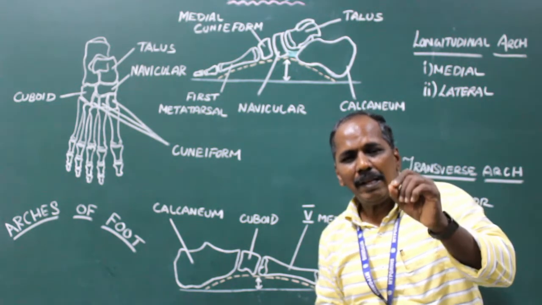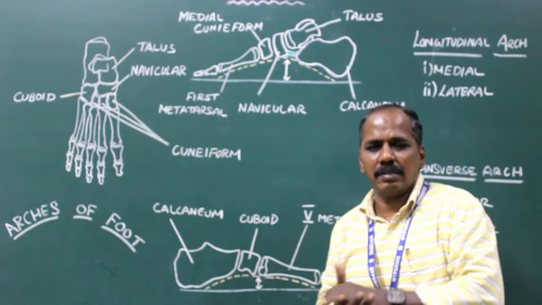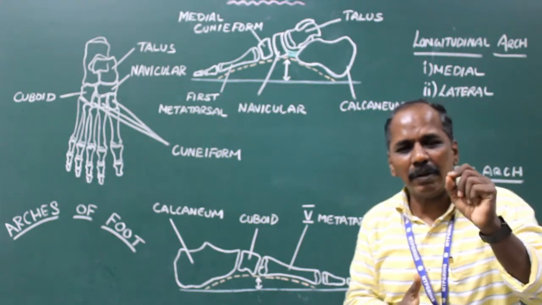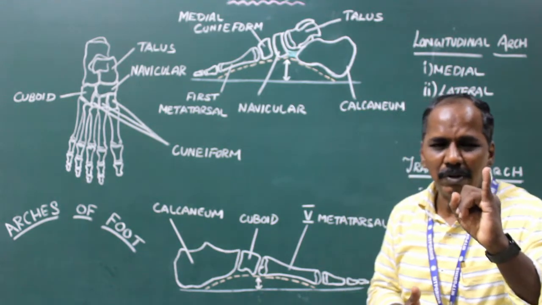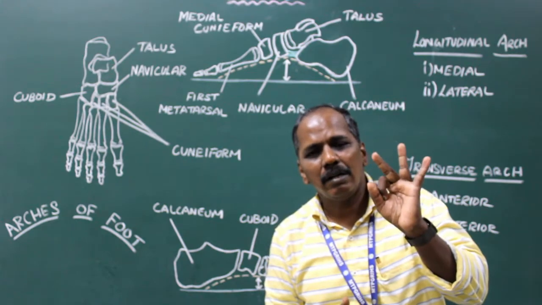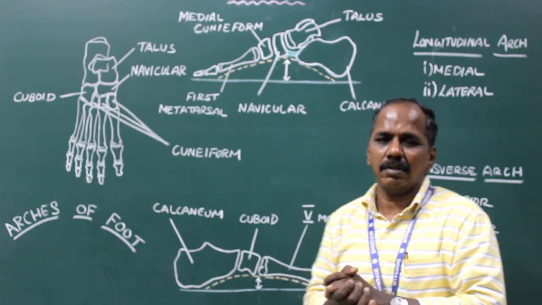Factors maintaining the longitudinal arches. There are three factors which maintain the longitudinal arches. Number one, bone. Number two, ligaments. Number three, muscle, tendon and aponeurosis.